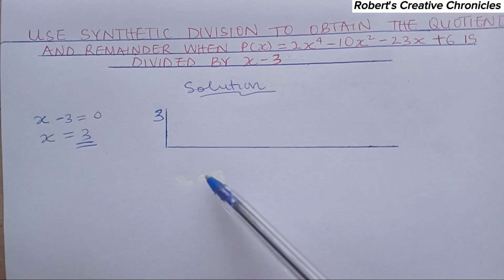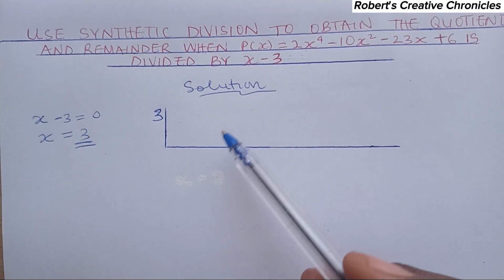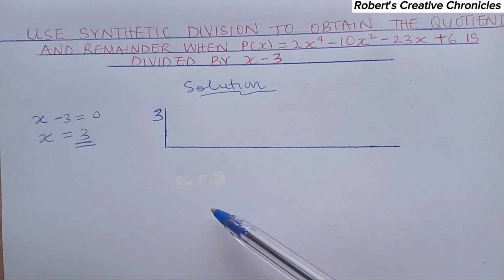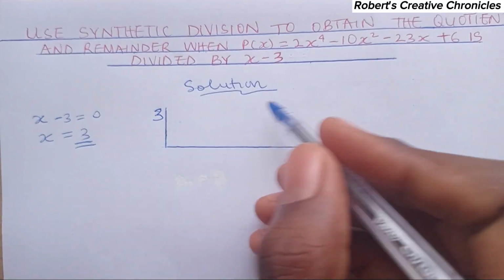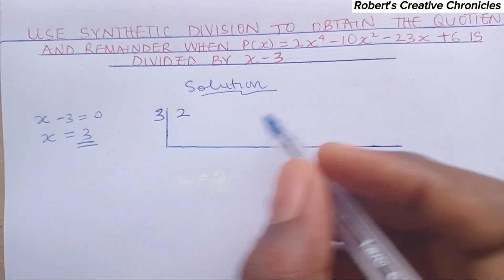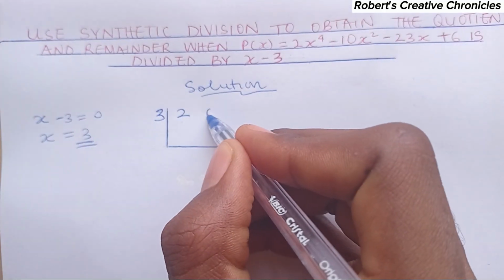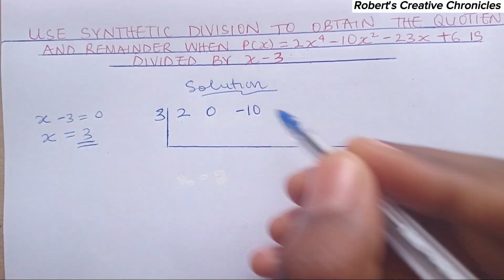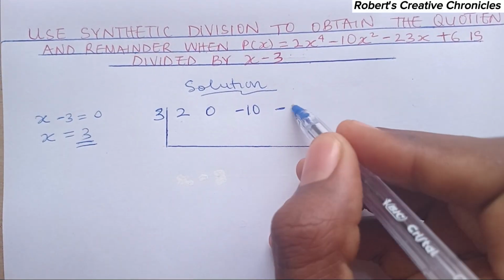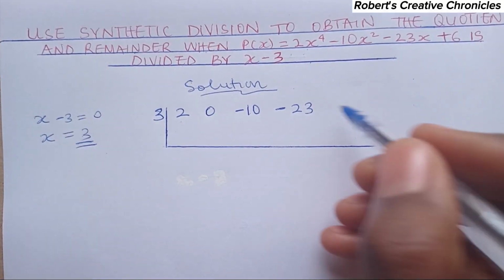So any power that is missing, we'll assign a 0 coefficient. So here will be 2. The next one is 0 since there is no x cubed. Then minus 10. Then minus 23. Then 6.